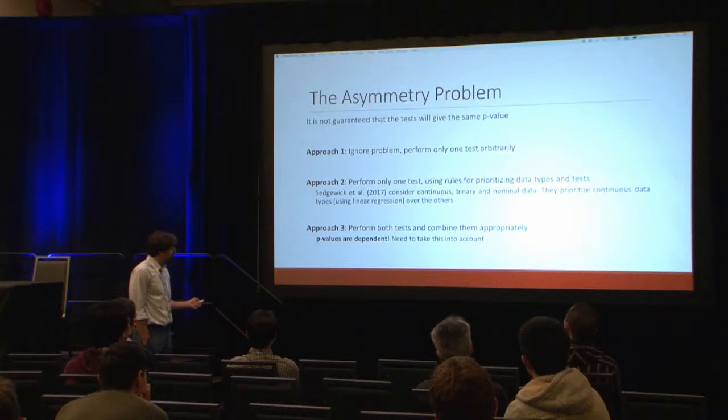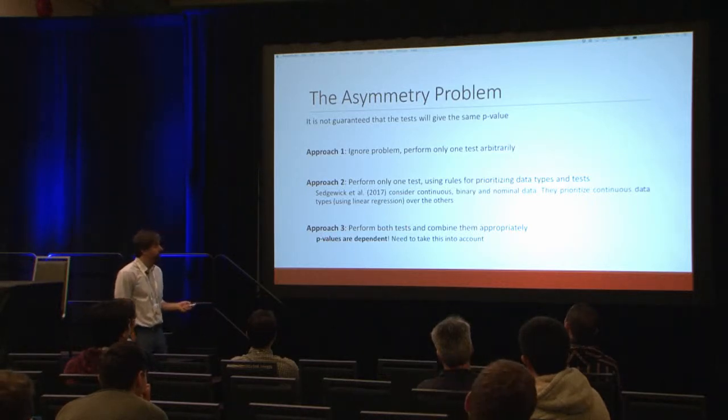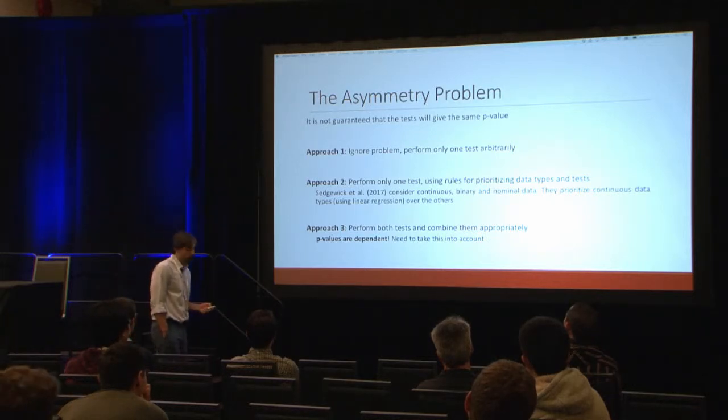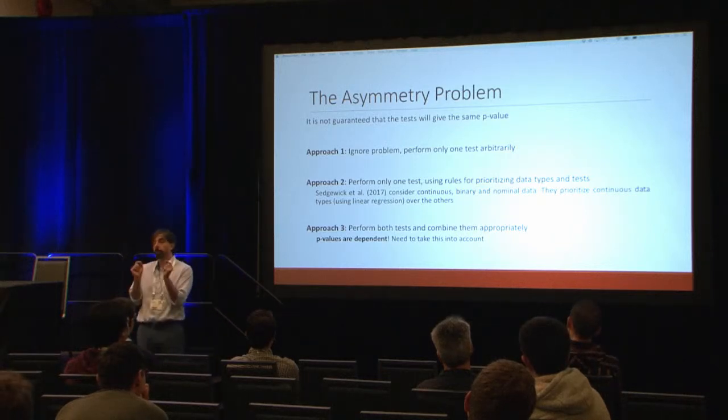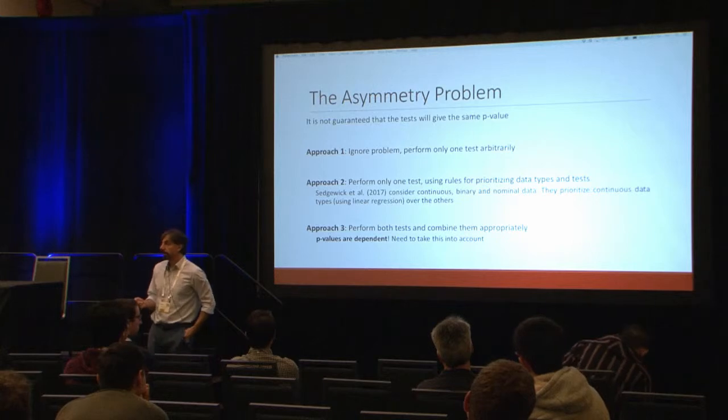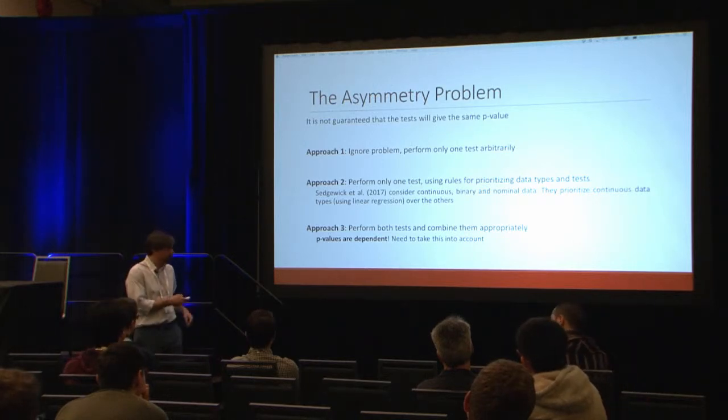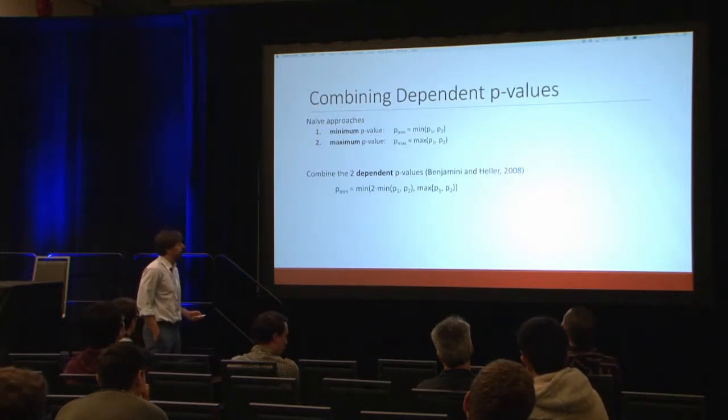The third approach would be to actually perform both tests and find an intelligent way to combine the p-values into one p-value. There has been work in statistics about how you combine p-values when they're independent. But this time, the p-values are actually dependent, and it has to be taken into account.